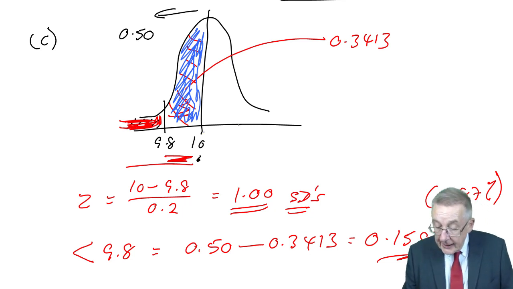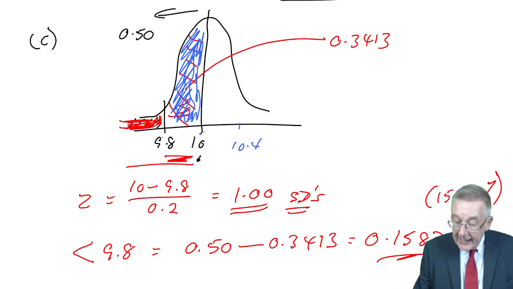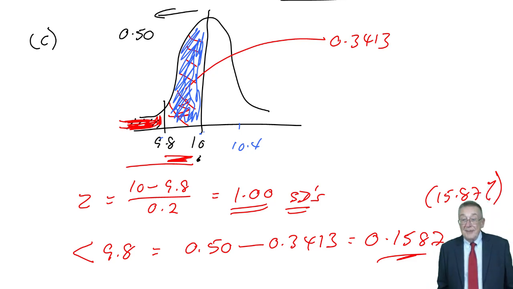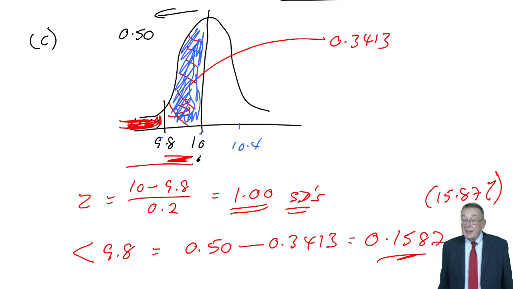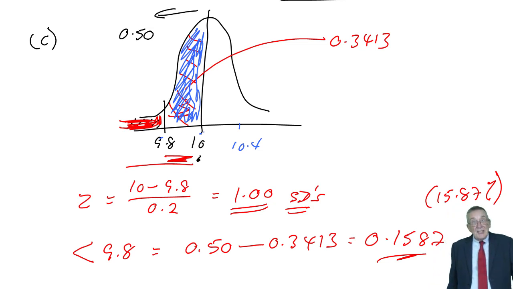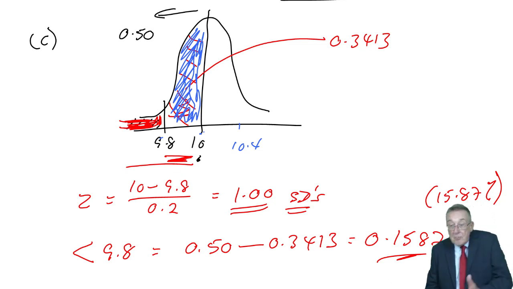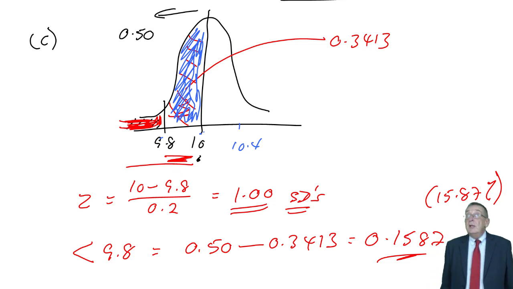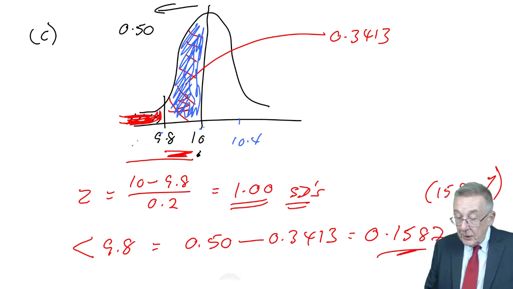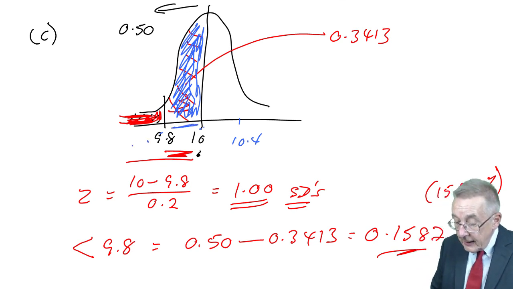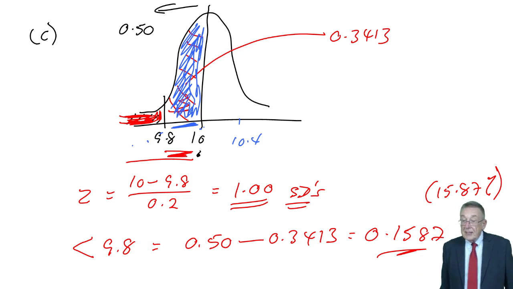So we can get between 10 and 10.4, between 10 and 9.8, and so on. But we need to play around, as I did there, to be less than 9.8 or more than 10.4. You can't look up directly, but because it's symmetrical, below 9.8 is 50% less the proportion of 9.8 to 10.